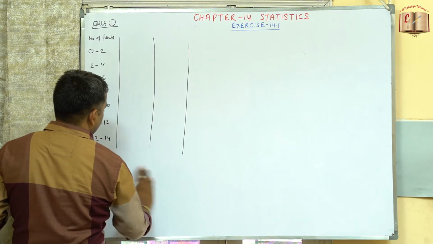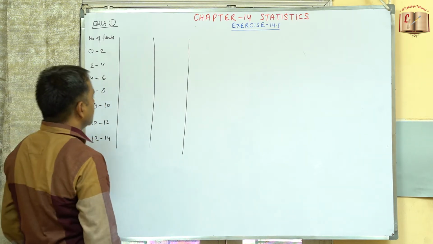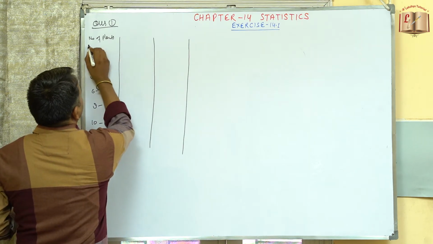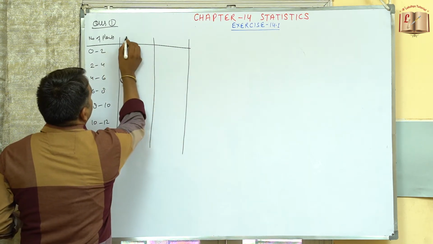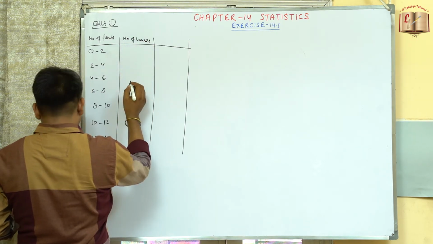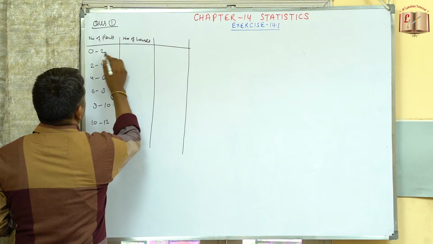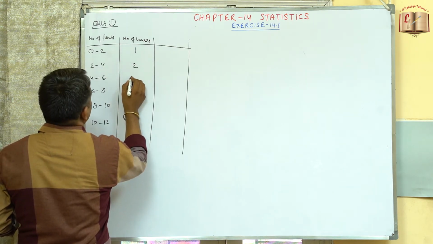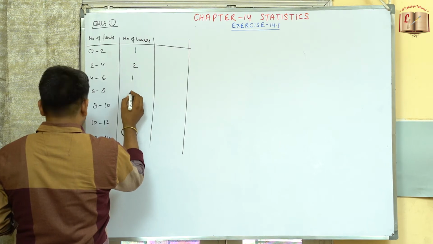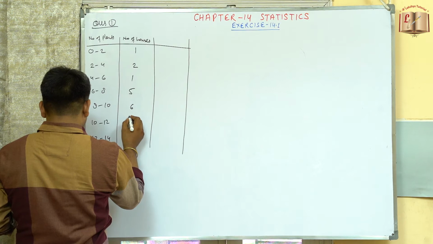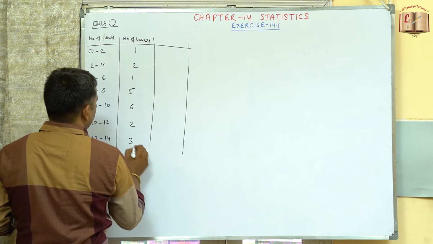So these are the range of the plants given and number of the houses. So next one is number of houses. So 0 to 2 range, 1 house, then this is 2, this is 1, and this is 5, this is 6, and this is 2 and 3.